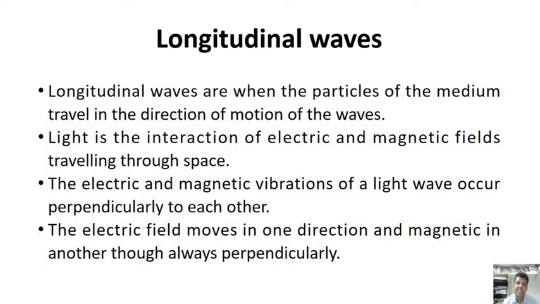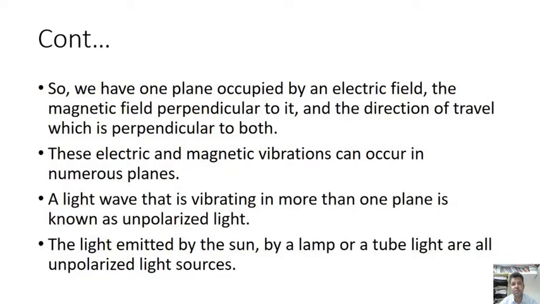Light is the interaction of electric and magnetic fields traveling through space. Now here you can observe it: the electric and magnetic vibrations of a light wave occur perpendicularly to each other. The electric field moves in one direction and the magnetic field in another, always perpendicular, and the direction of travel is perpendicular to both.